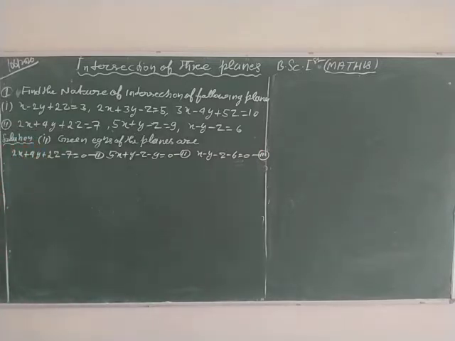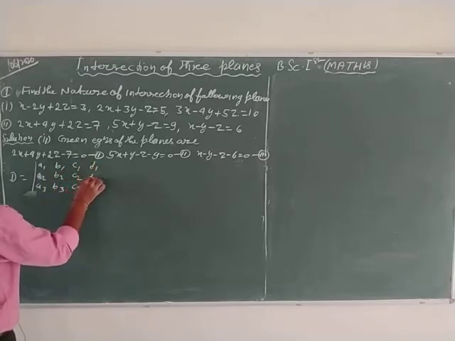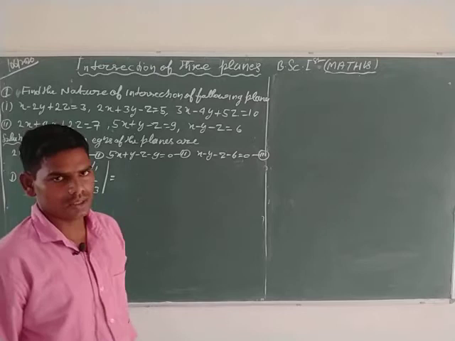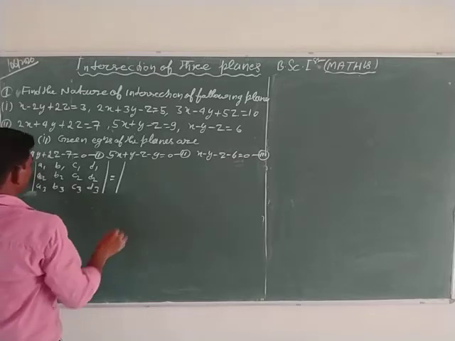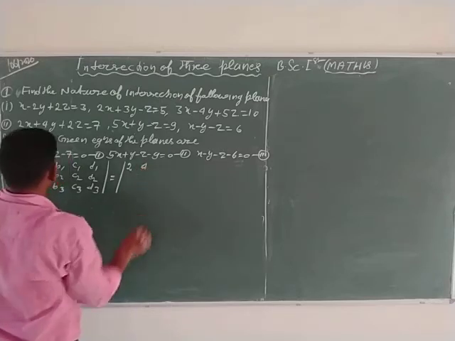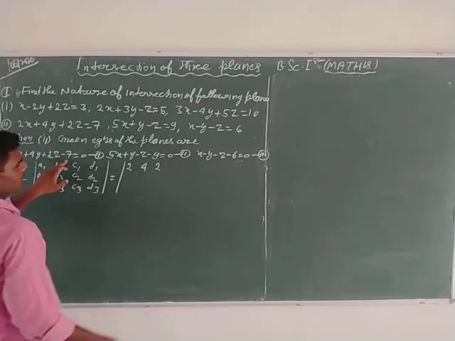According to the rules of the article, first calculate the value of capital D, the determinant with rows A1, B1, C1, D1, A2, B2, C2, D2, A3, B3, C3, D3. Putting in all the values: the coefficient of x is A1 = 2, the coefficient of y is B1 = 4, the coefficient of z is C1 = 2, and D1 is -7.